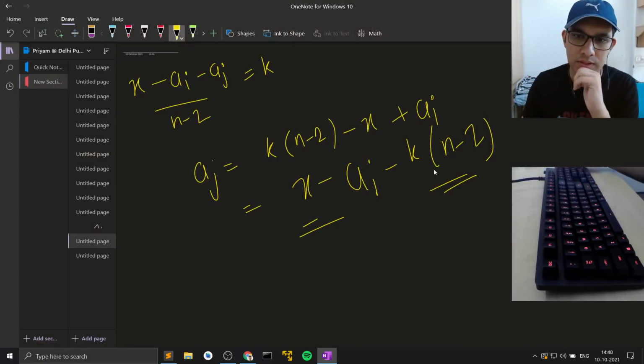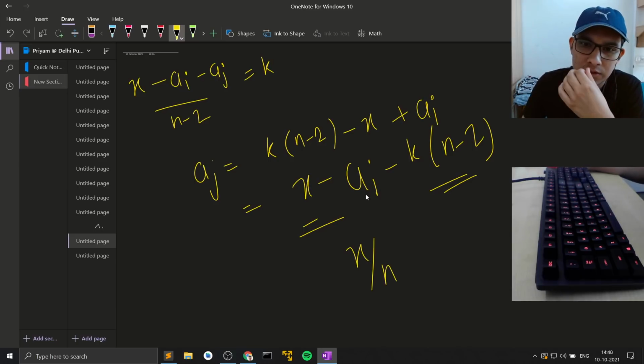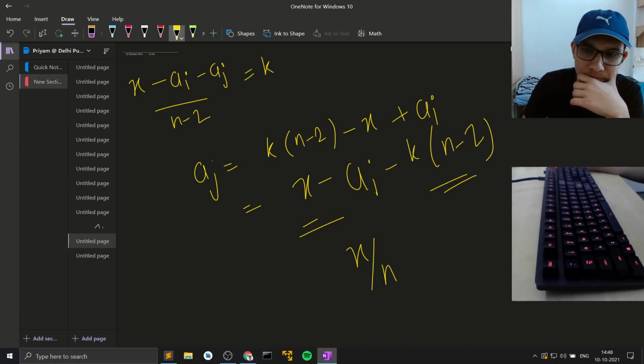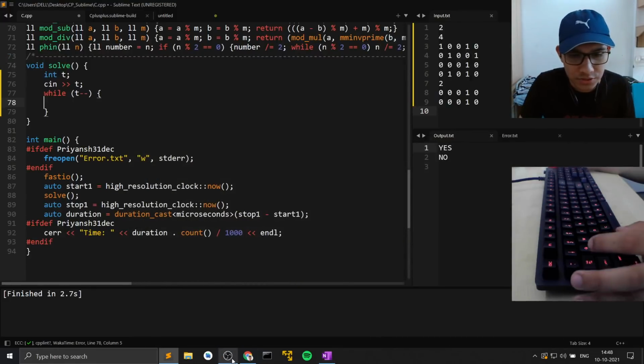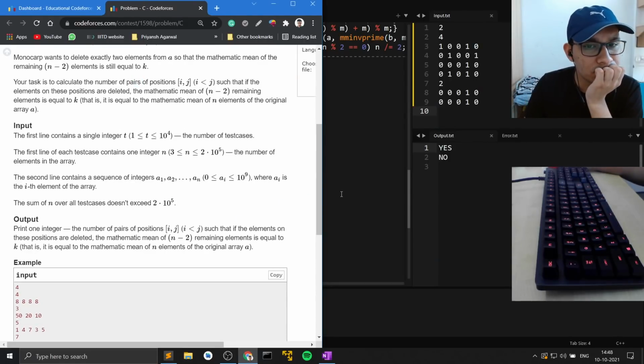Now there is one more thing. If I have this, I also need this k value. So k is equal to x by n, first of all, right? So instead of storing these values, I can scale them up by n. I think that would be perfect here. Yeah, I think I should scale them up by n to not run into any floating point issues.